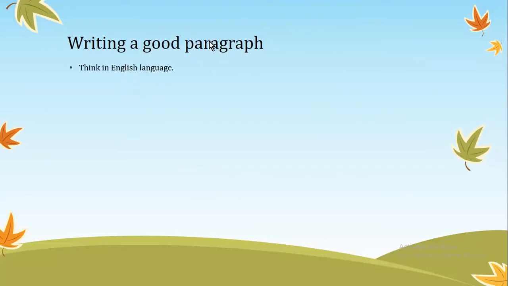Think in English language. This is a very, very important point. How to think in English language? You must read stories and you must watch English films. Now, in the fifth grade, while you are 10 years old, you must stop reading the stories that contain only 2 pages or 3 words or 3 sentences.